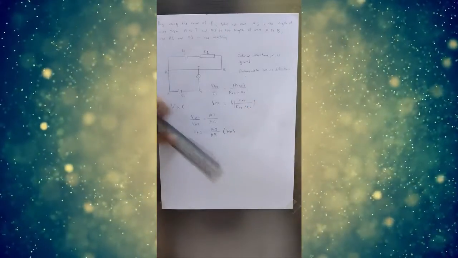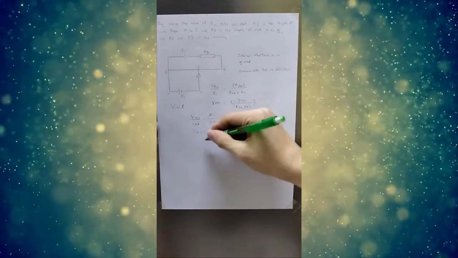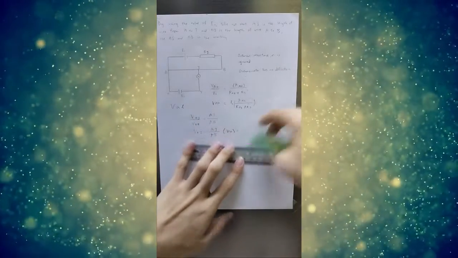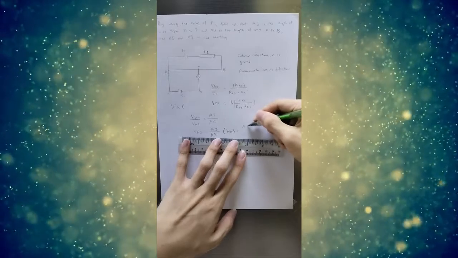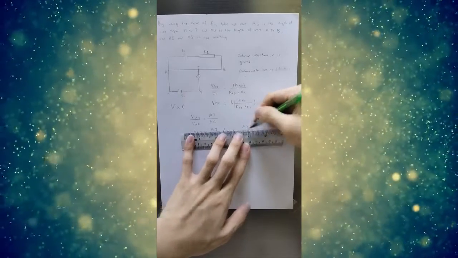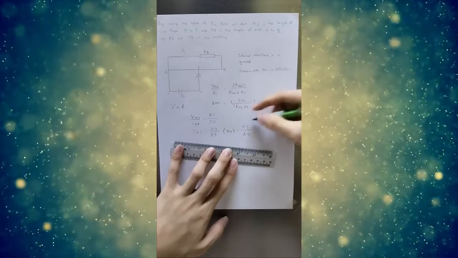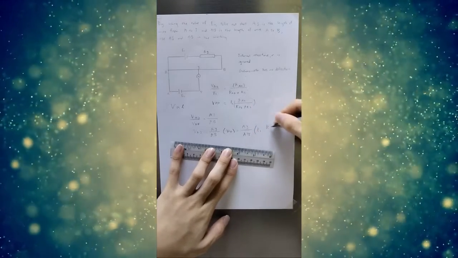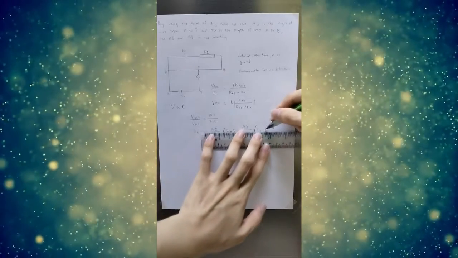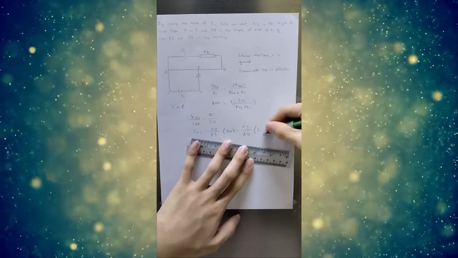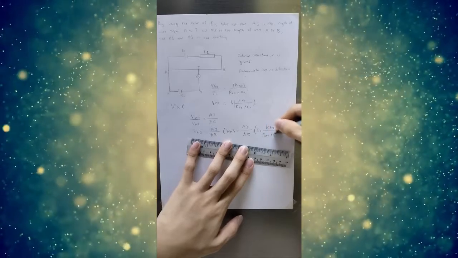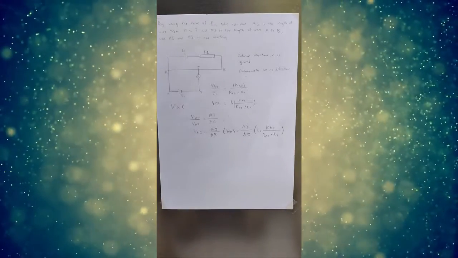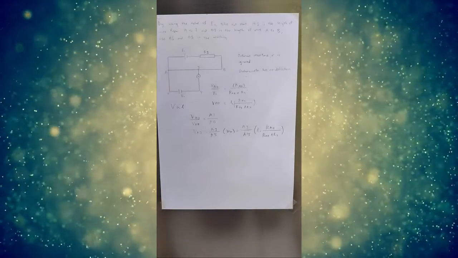So we just insert this in here, we get AJ over AB times E1 times RAB over the resistance RAB plus R3. So this is how you find the answer for E2. That will be all.